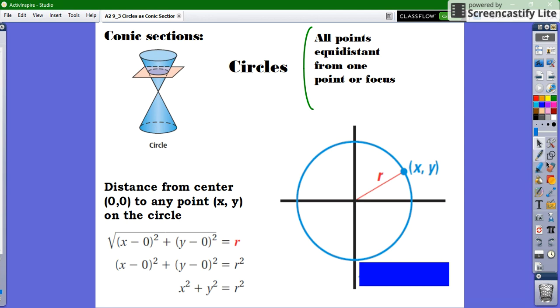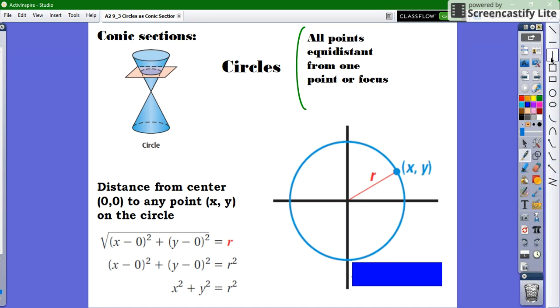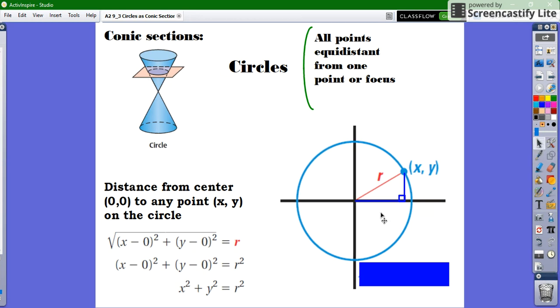Or if you just think about this as a triangle, you could extend a line straight down from xy and essentially form a right triangle from the origin, where the side lengths are x left and right and y up and down. So you've got x squared plus y squared equals r squared. And that's essentially what the equation of a circle is going to look like: x squared plus y squared equals r squared. So it's a fairly basic formula for a fairly basic figure.